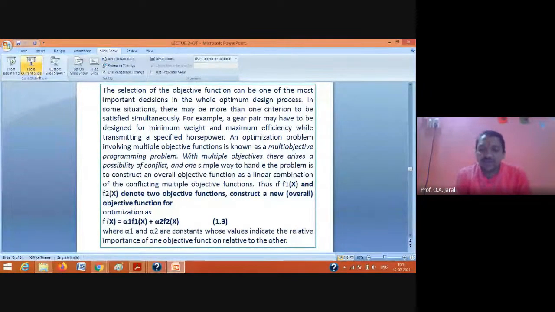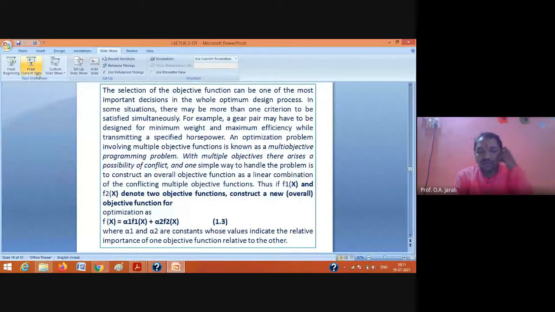If for any example you have multiple objectives, then you construct an overall objective function as a linear combination of the multiple objective functions. So if f1(x) and f2(x) denote two objective functions, construct a new overall objective function for optimization as f(x) = alpha 1 f1(x) + alpha 2 f2(x).